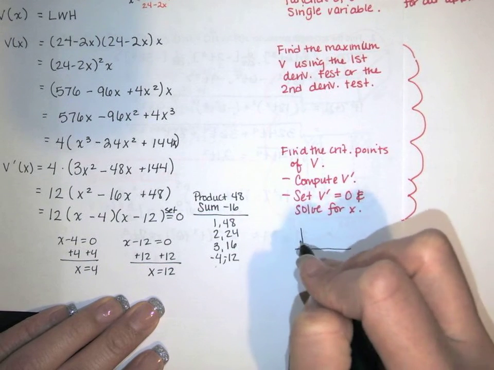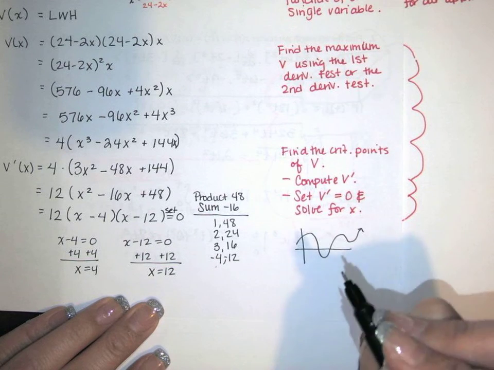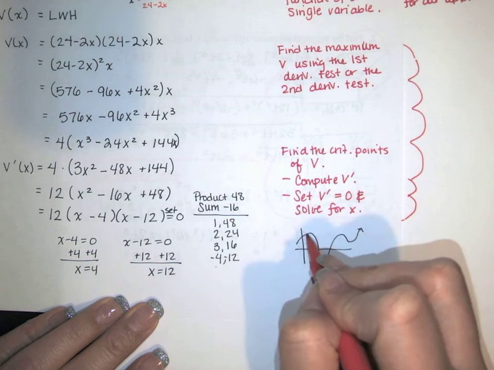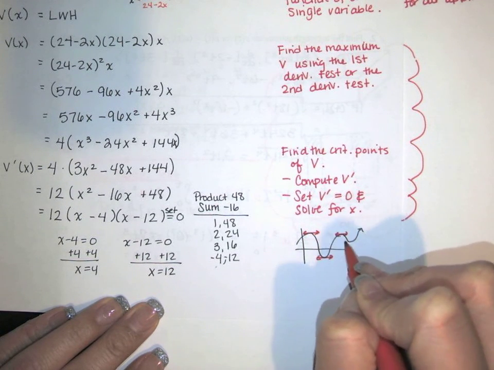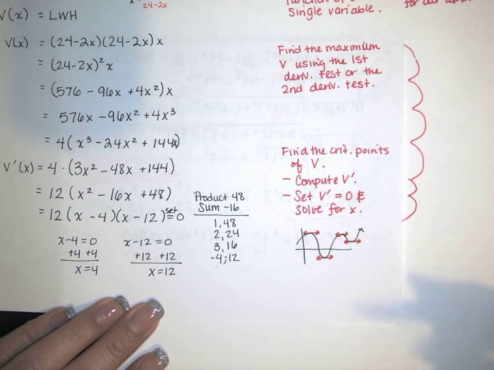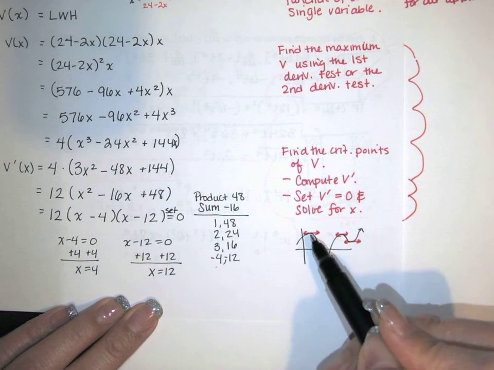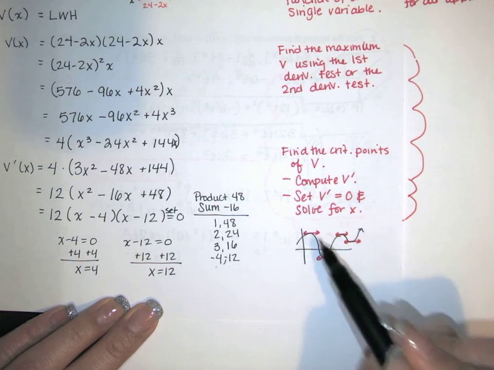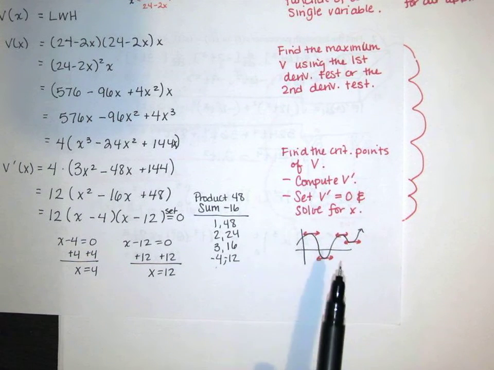But again, remember what it is you're looking for. Even though it's not clear here that that's what you're looking for, this is it. You're looking for those places where the derivative is 0. And remember, the derivative is 0 when the tangent line is horizontal. So you're looking for the x values where this happens. If you're at one of these points, you might be at a relative max or you might be at a relative min.